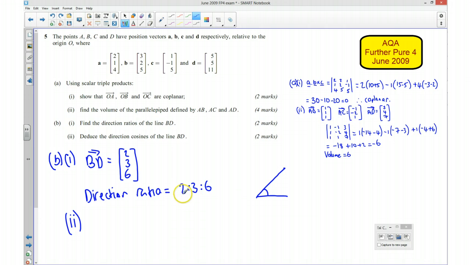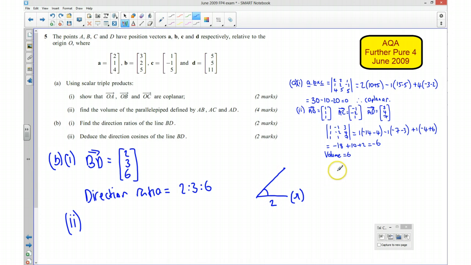If I go 2 across, I'm going to have the magnitude of 2, 3 and 6 as the length of this hypotenuse here. So that would be my adjacent side, and the magnitude of this vector would be my hypotenuse. Then the cosine of the angle would be the adjacent divided by the hypotenuse.